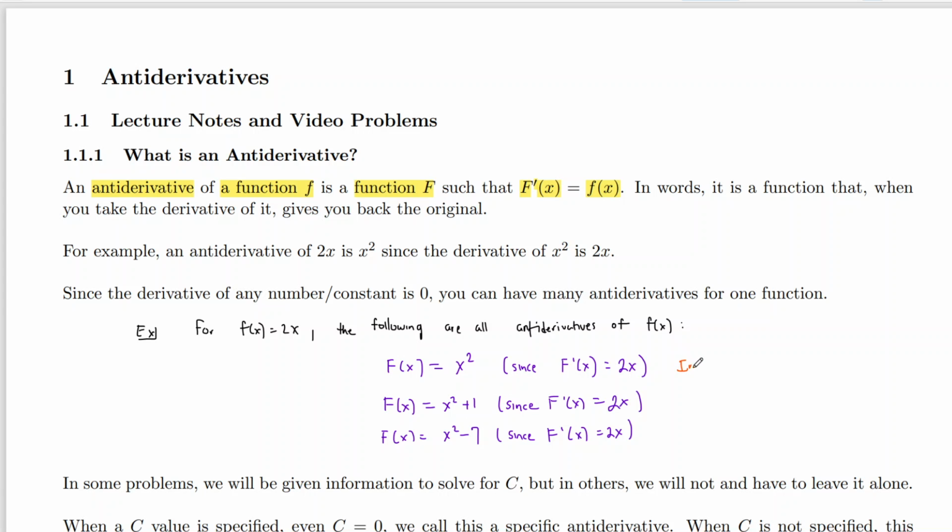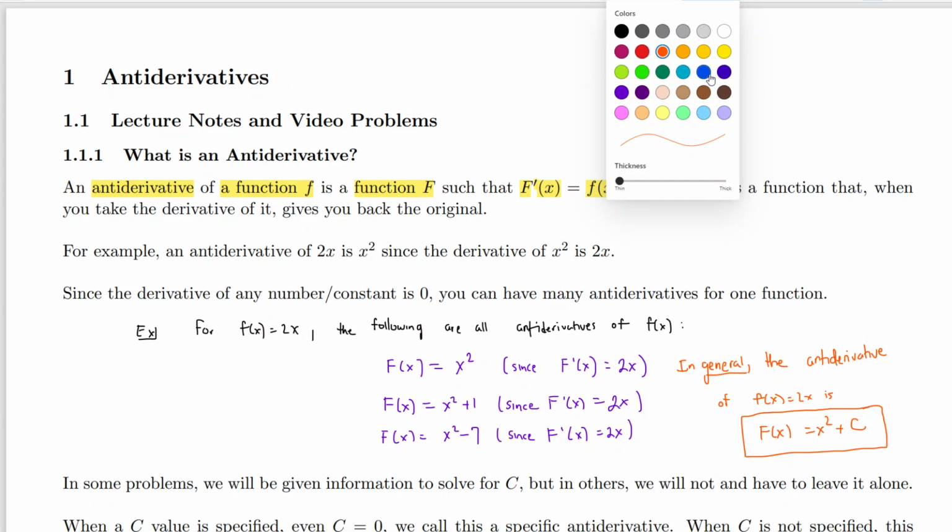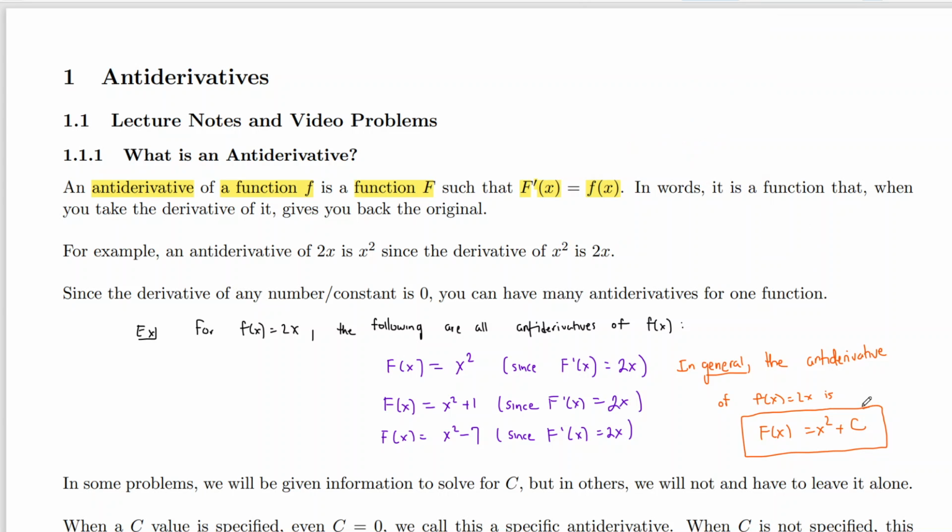So in general, and I'm using the word general because they will call this the general antiderivative, the antiderivative of f of x equals 2x is capital F of x equals x squared plus this capital C. And C is just a number. It's called the constant of the antiderivative, but it's just a number.